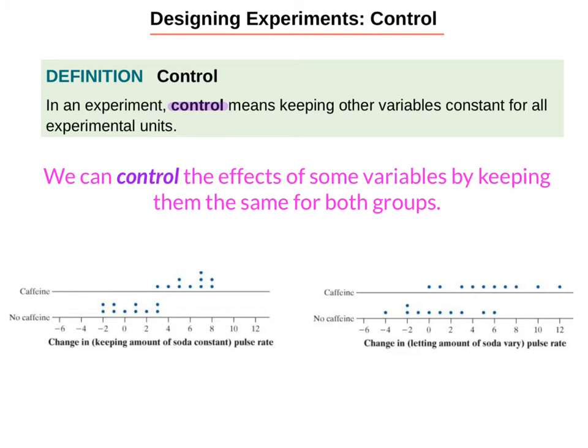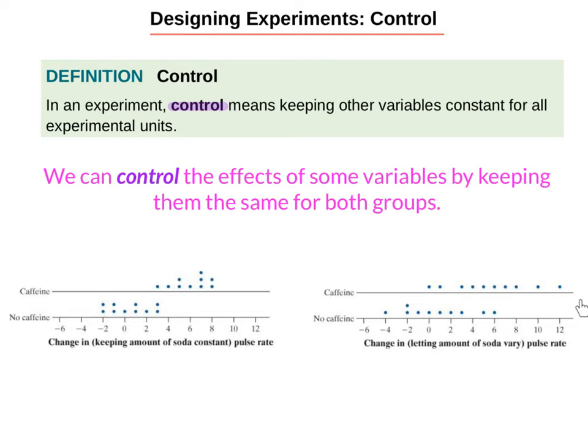Taking into account that example we just looked at with caffeinated and non-caffeinated soda and its possible effect on pulse rate, you can keep the amount of soda constant for each participant, or you can not keep it constant. You allow those subjects to drink as much or as little as they want.